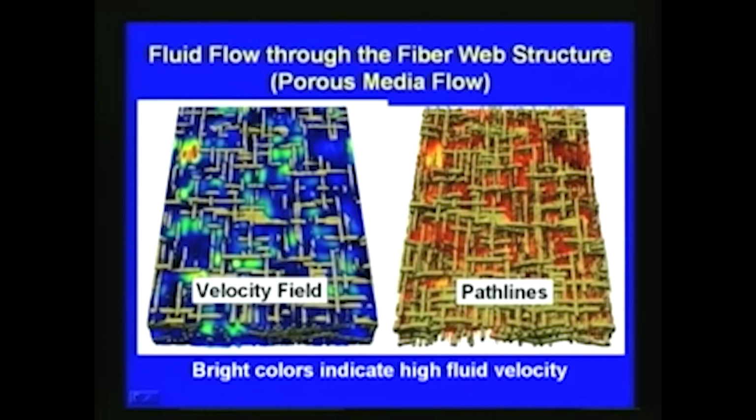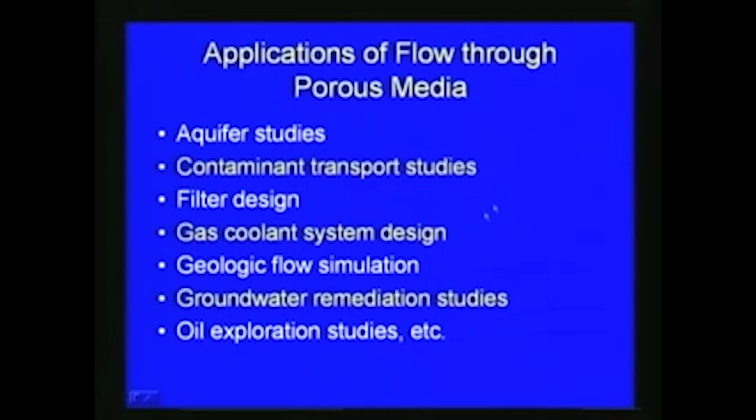Here the velocity field is marked, and the path lines are also marked. The porous media flow is so complex, but still we can use the Navier-Stokes equation and approximate, and get solutions for simplified cases like steady state flow through homogeneous isotropic media.